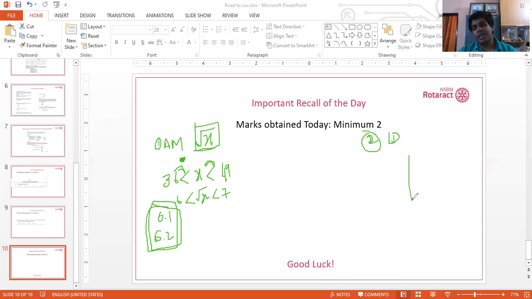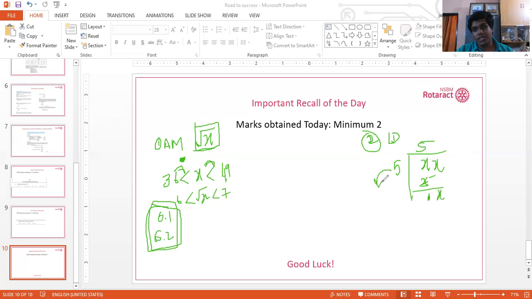Then we came to the long division method, where first what we did was take a number, separate into two, then multiply it by a square. Let's say if it's 5, we are multiplying it by 5 here. 5 into 5, 25, and we are putting some value here, I mean the difference, and bringing x down.